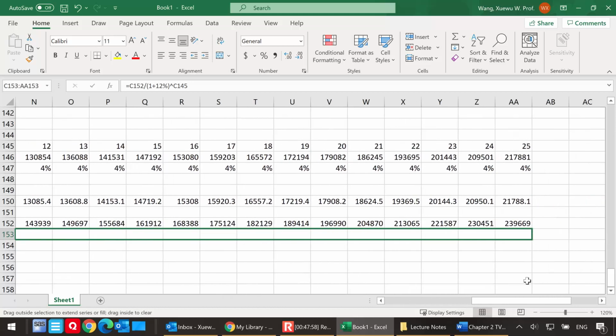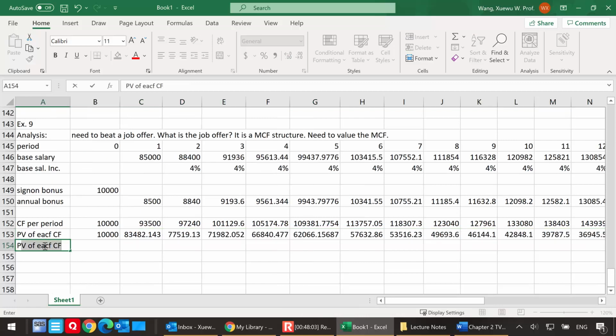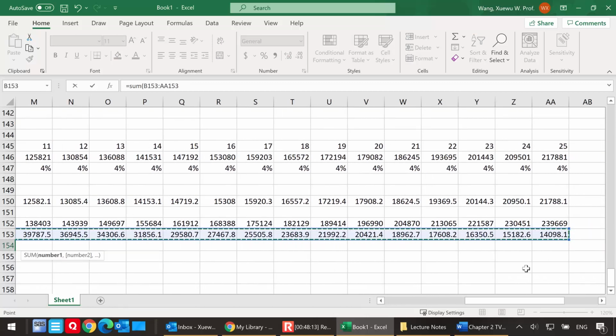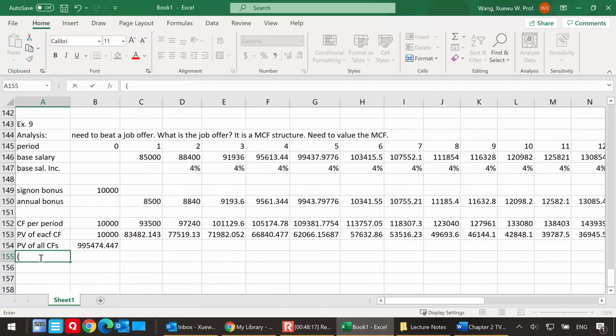I get the present value of all the other years' cash flows. The present value of all cash flows is just the summation of all these present values, and that's just going to be the value of this job offer. Now if you want to beat them, you can add a bit more on top of this.